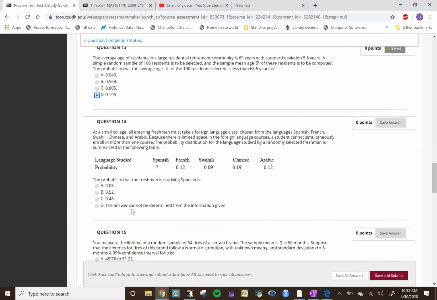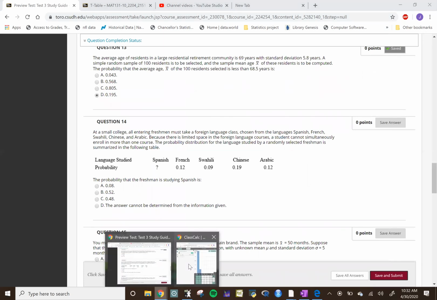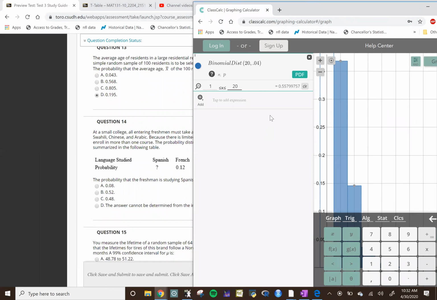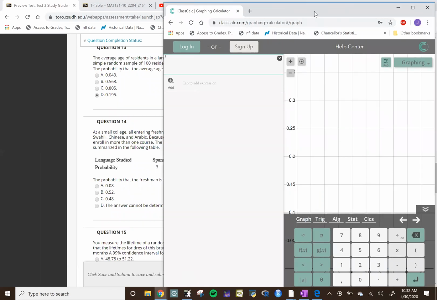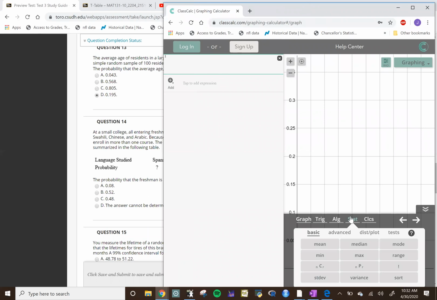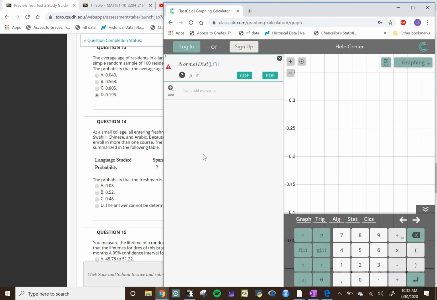Now I'm going to show you how to do it with class calc. For class calc, you go to stats, over to distribution, and choose normal distribution. Put the mean, which is the mean of the population, so you put 69. You put the standard deviation for the sample size of 100, which is 0.58.